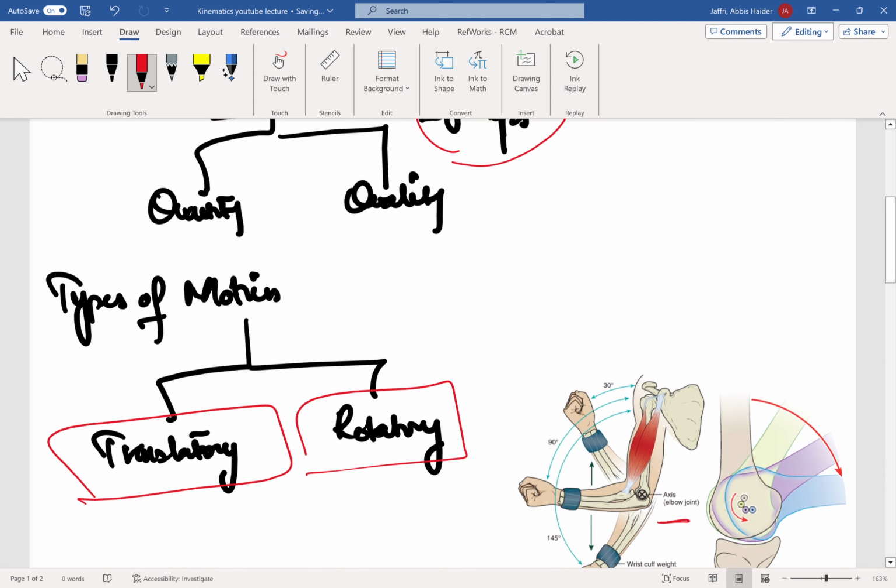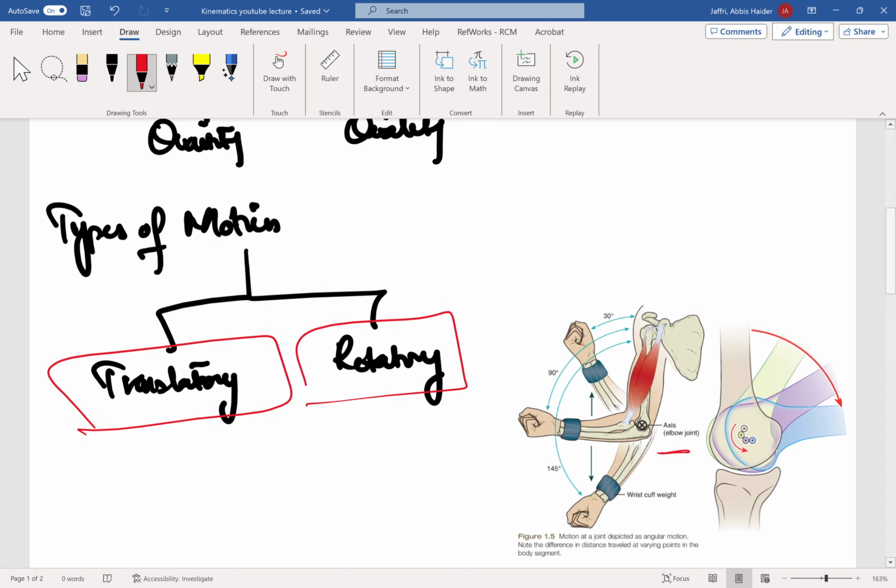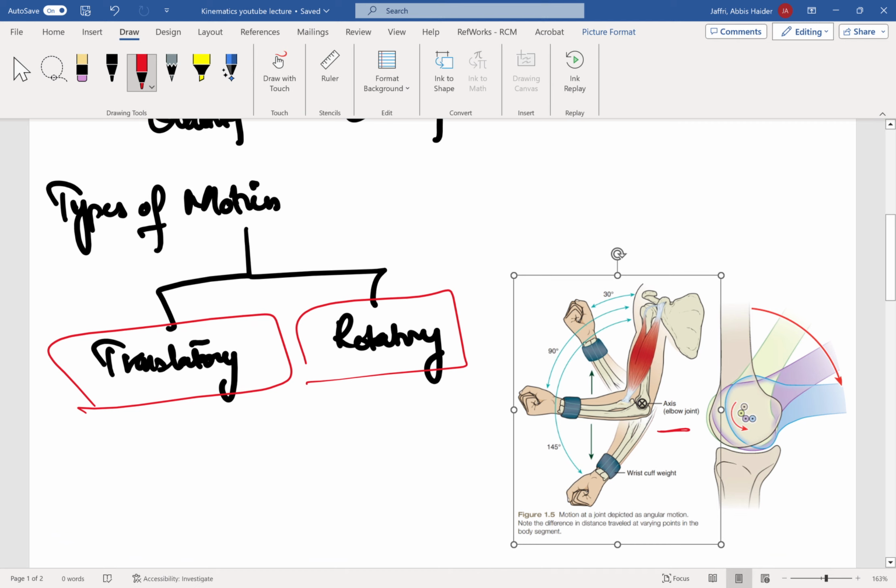When we talk about motion, we also talk about the types of motion in the human body. We have two types here. We have a translatory motion or we have a rotatory motion. Okay. So primarily, whatever gross movements that you see in the human body, that you have learned in your anatomy class, like flexion, extension, abduction, adduction, all of these motions are rotatory motions at the joint, that grossly you see.